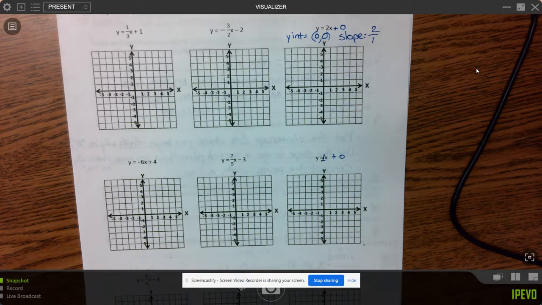You're going to write your slope, and then you're going to go through the 3 steps to graph it. And that is how we use the y-intercept form. The last page we will do on Thursday when we have math class. So we do not have to do the entire assignment in one day. We are splitting it into 2.